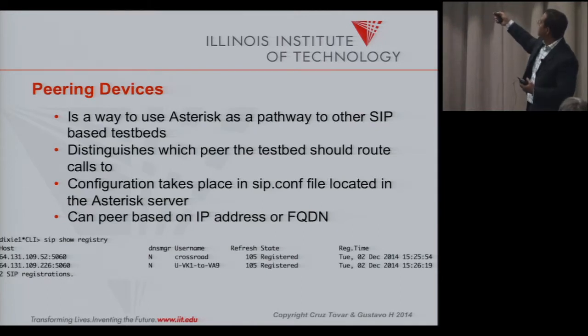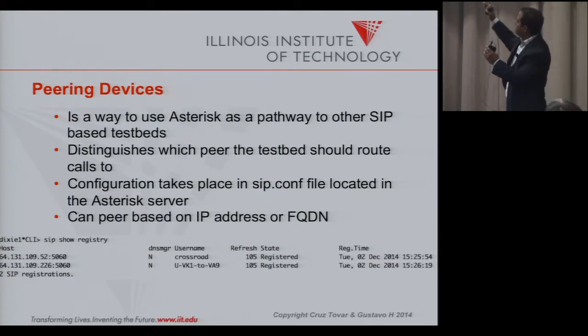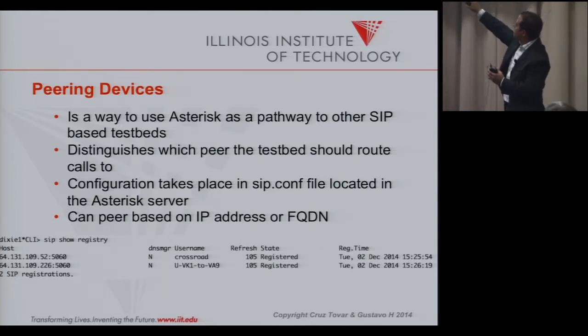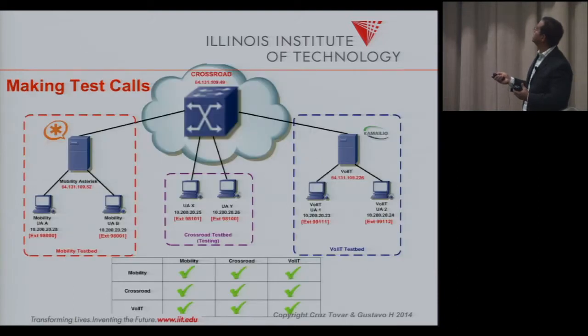Here, we can see a screenshot of the connections. We see that Crossroads and the Voice over IIT SIP proxies are registered and they are communicating with each other. And this is the way that we make the call from the Mobility testbed to the Voice over IIT testbed.